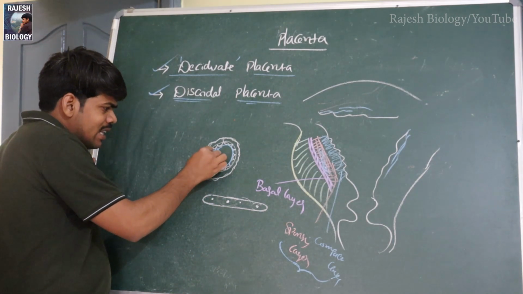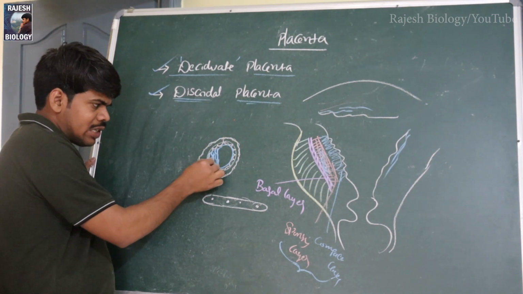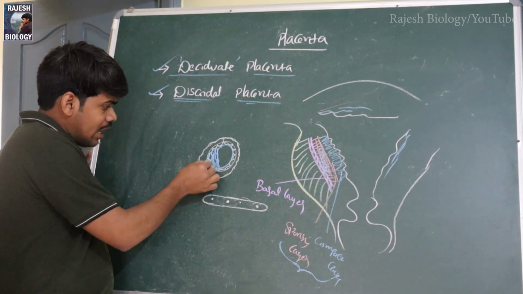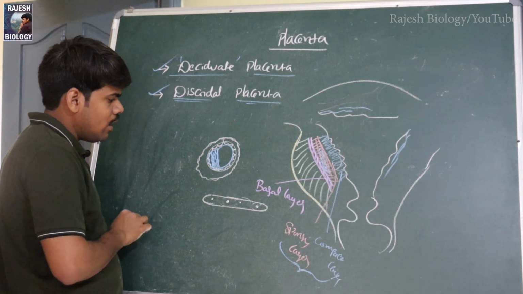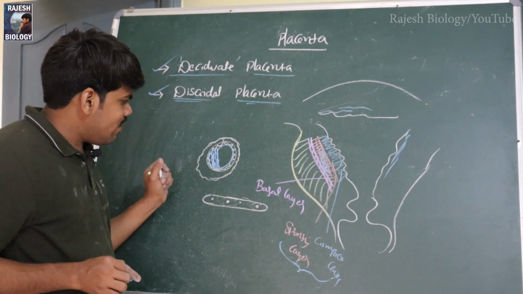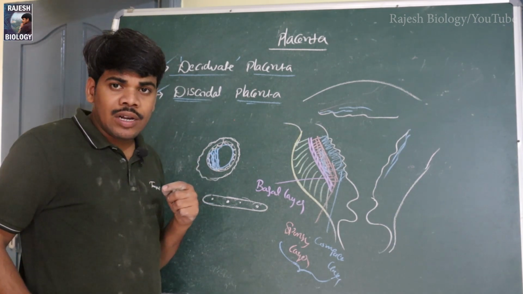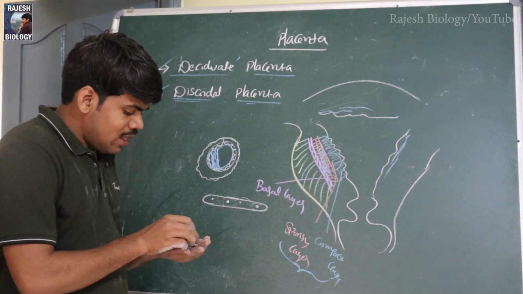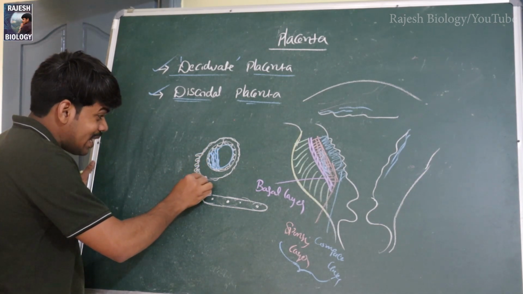So if you observe, this is the future ectoderm and this is the future endoderm. From the ectoderm only the spinal cord and brain are formed. Where is the spinal cord present? On the dorsal side, in the bilaminar embryonic disc. Where the villi are formed, implantation takes place and the placenta is formed.